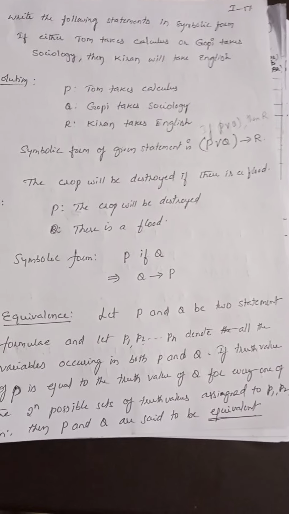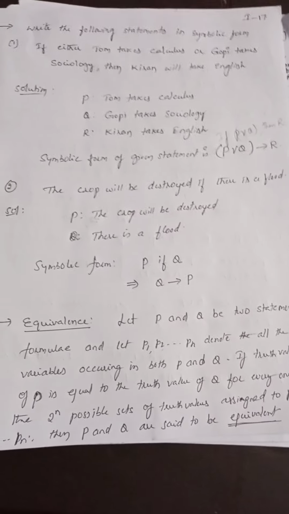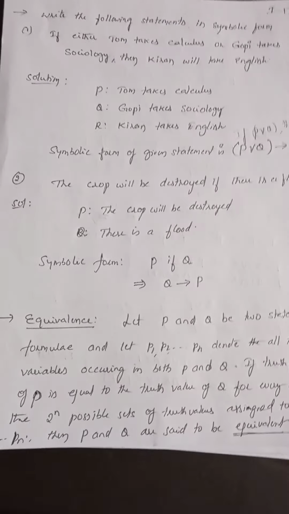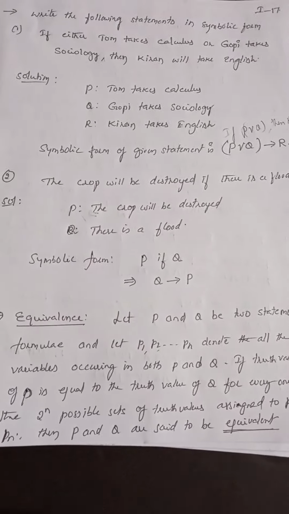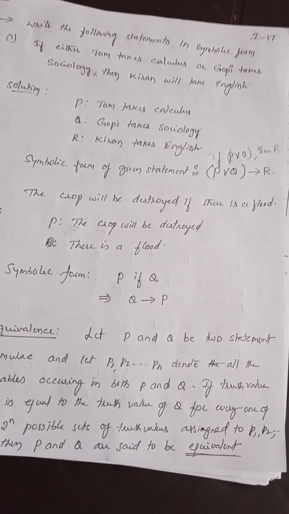Whereas Q is also a compound statement which contains P1, P2 and so on Pn. These two statement formulae are said to be equivalent if their truth value is the same.